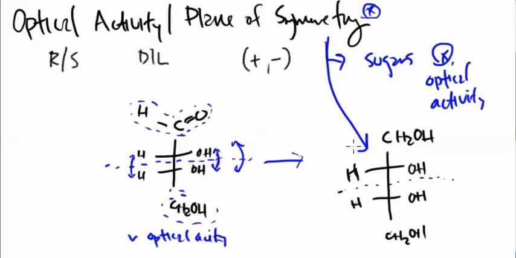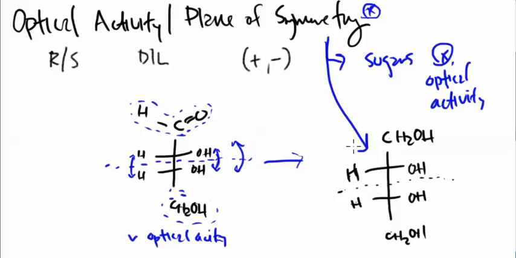It's not an aldose or a ketose. That functional group is gone. But that molecule has a plane of symmetry, and that molecule will not show optical activity when I put it in a polarimeter. So that is one of the ways that we can help identify, almost like a second test, what kind of sugar do I have.